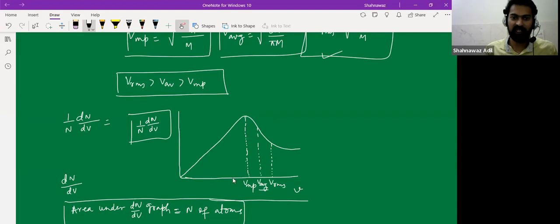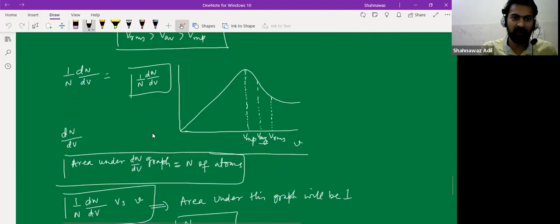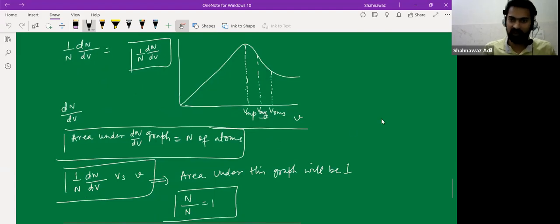So the area under this graph will be 1. But when you have this dn by dv only, when you integrate dn by dv with respect to dv, you will get n. So this will give you the total number of atoms. Understood?